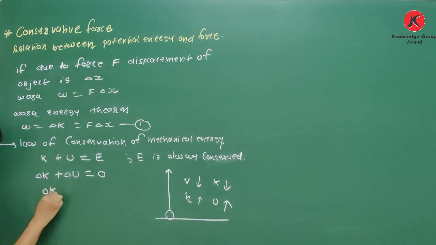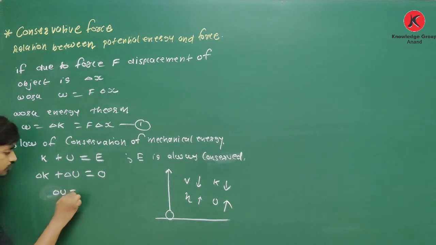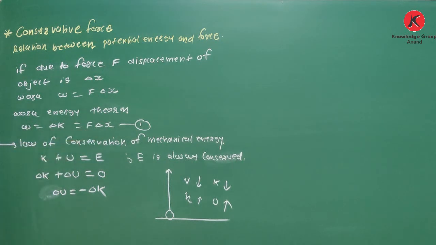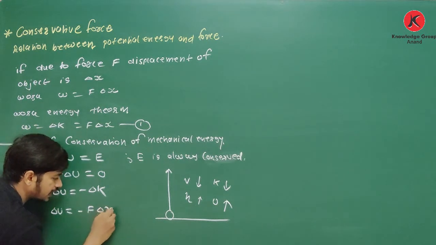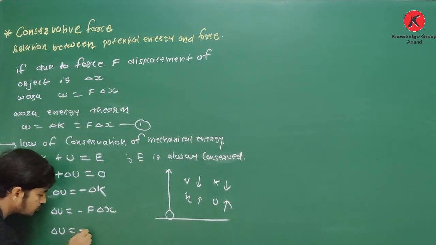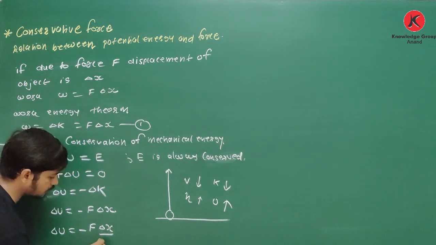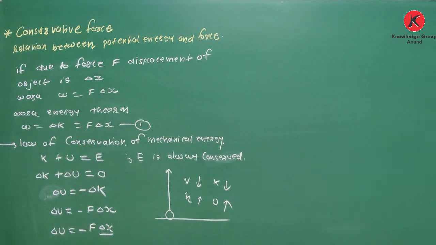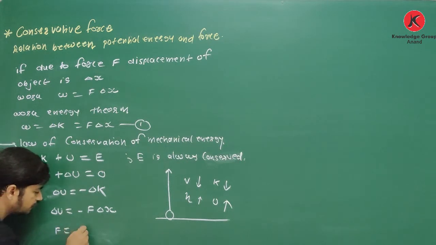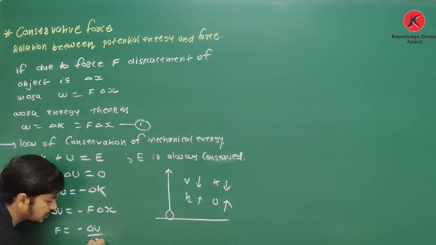So delta U is equal to minus delta K. Now what is the value of delta K? It is F delta x. So delta U is equal to minus F delta x. If you make F the subject, then F is equal to minus delta U upon delta x.